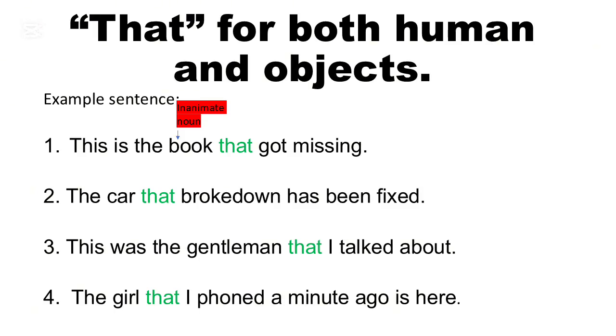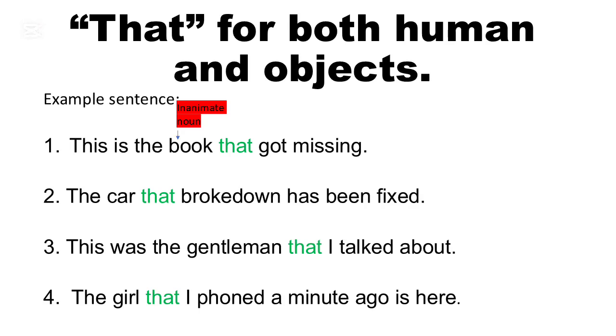Book is a thing, and that refers to book. Sentence 2. The car that got broken has been fixed. The car is an object, so the correct relative pronoun is that.